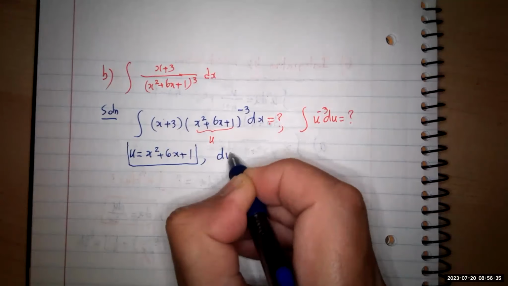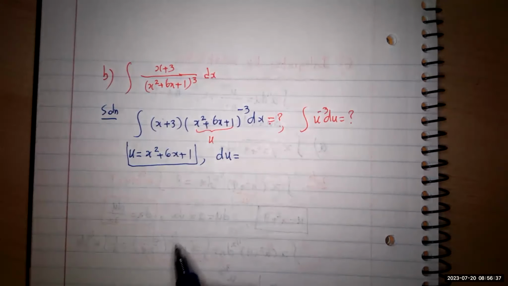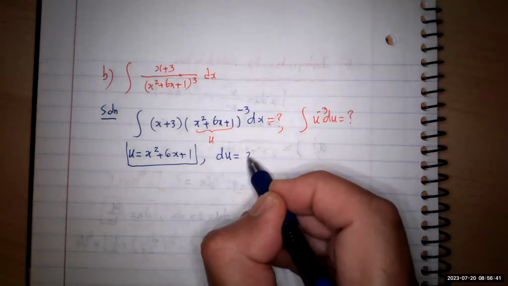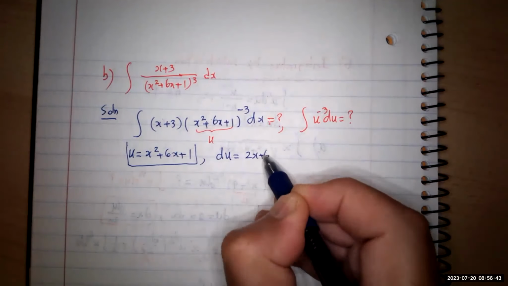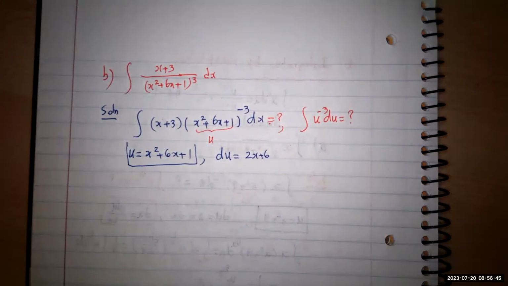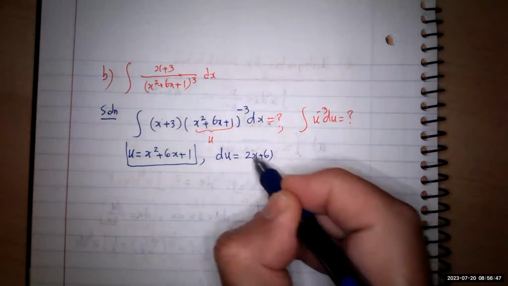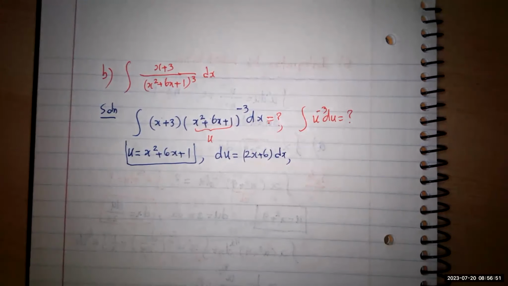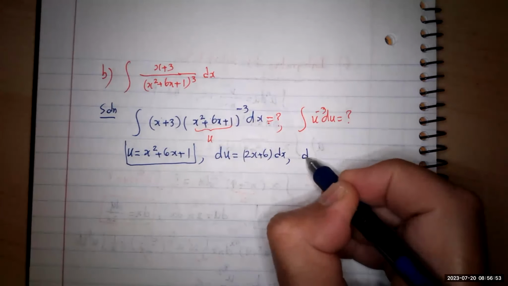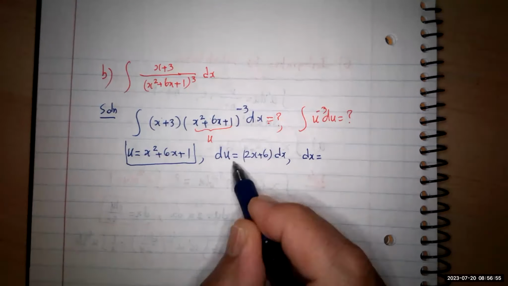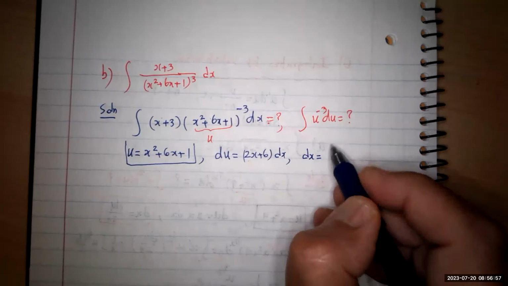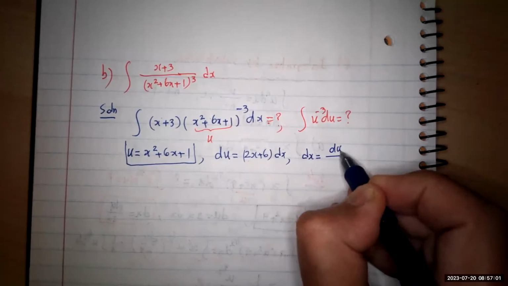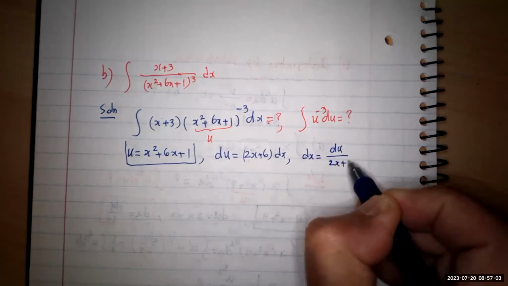Du is simply the derivative of x squared plus 6x plus 1, which is 2x plus 6. So that gives you 2x plus 6, of course, dx. And then you have to find the dx. So dx is equal to, you have to divide by 2x plus 6. So that gives you du over 2x plus 6.